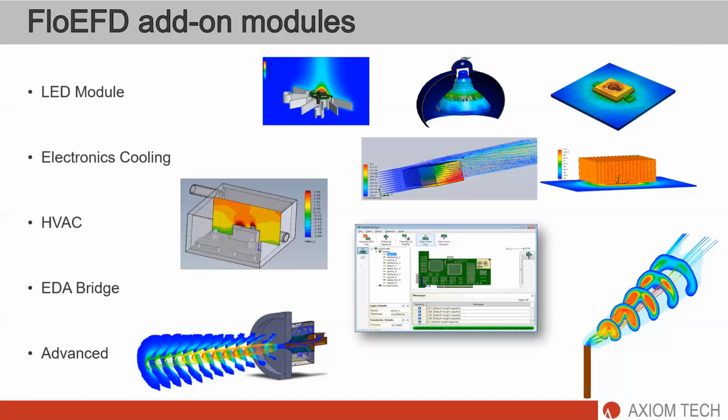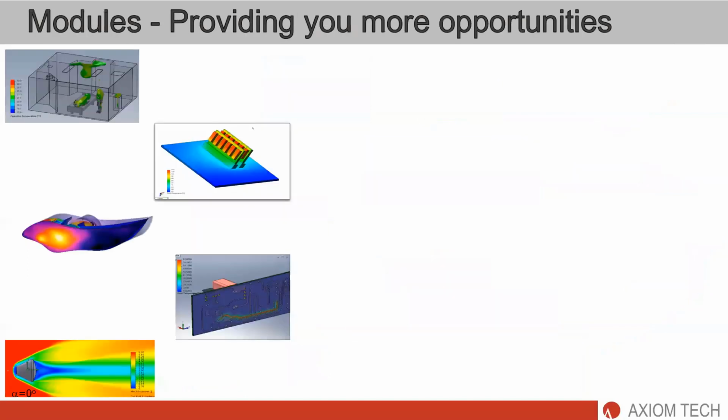And the last module is advanced, and it's really for advanced physics such as hypersonic flow, gas combustion, condensation and icing, and water absorption in solid. And what module will bring you added functionality?